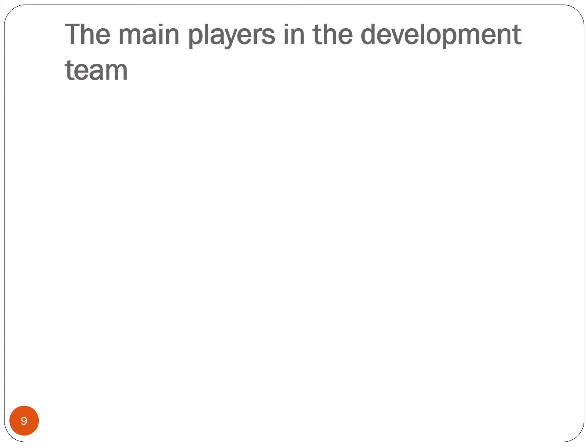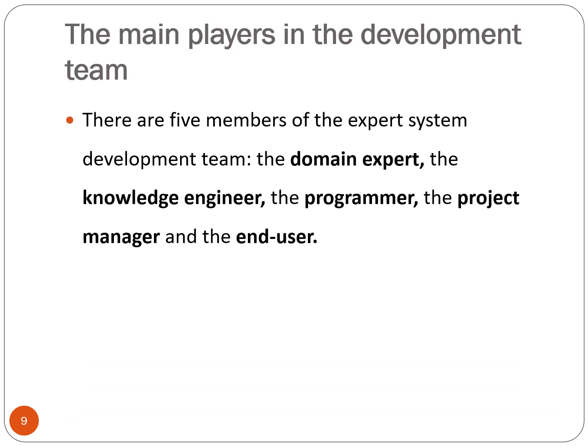Now we go to the main players in the development team. In general, we have about 5 members of the expert system development. Some of them are really compulsory and others are not necessary, but we are going to discuss all of them.